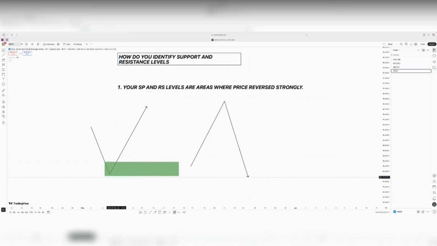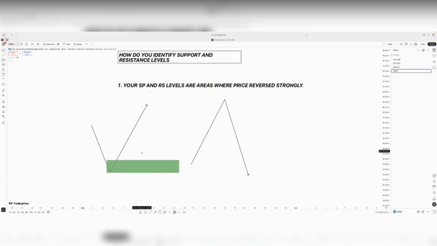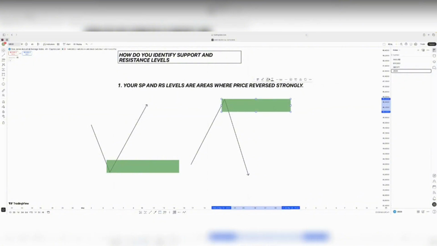If price uses that area to reverse up, the lower part of that movement, that point of the reversal, becomes your support. Or if it reverses lower, that point of the reversal becomes your resistance.